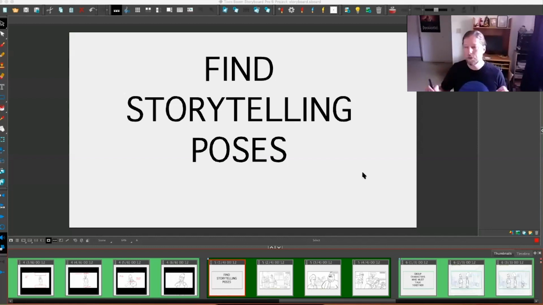Sometimes it's just a matter of characters having an argument or interacting with each other, but there's generally going to be one specific point of a sequence, and that becomes your storytelling pose. If you were able to string together just the storytelling poses of several sequences, you would get a general sense of how the script is unfolding.